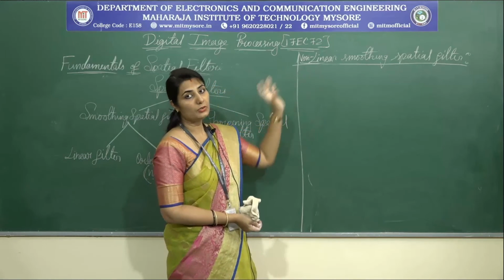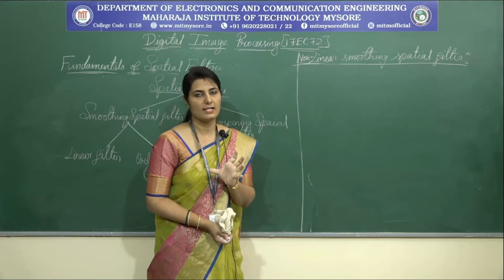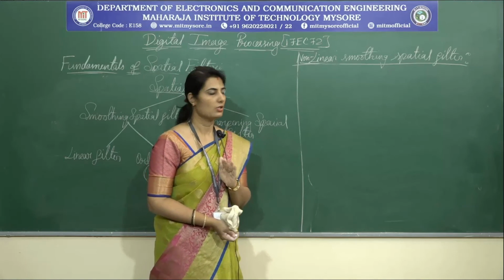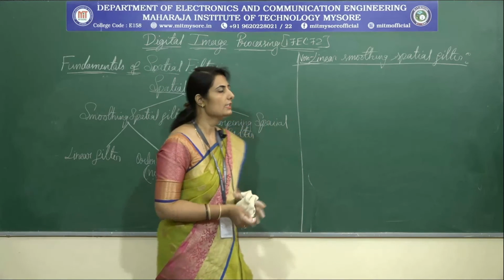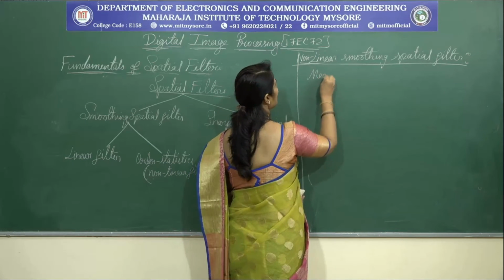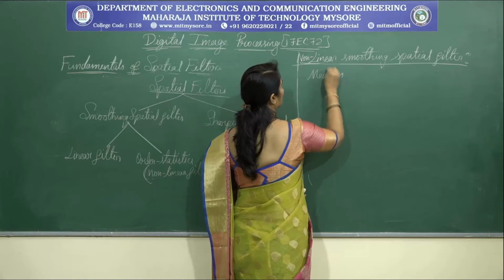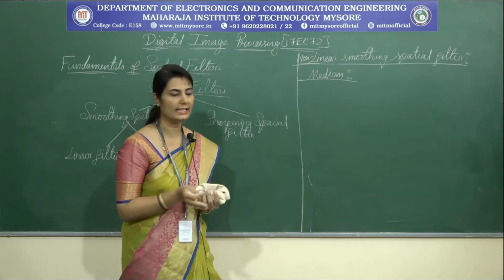They are mainly used when we are dealing with impulse noise, that is salt and pepper noise. In such cases we use a non-linear smoothing spatial filter. The filter we use here is the median filter.